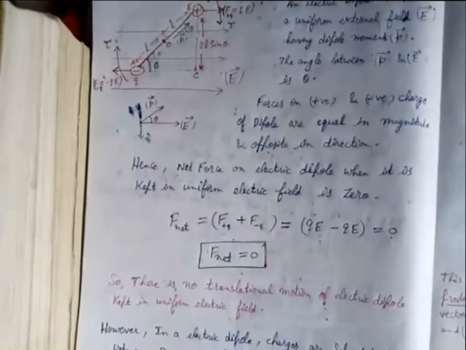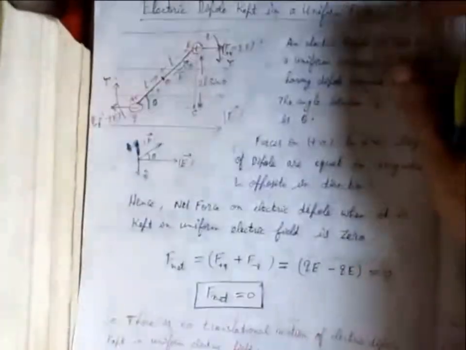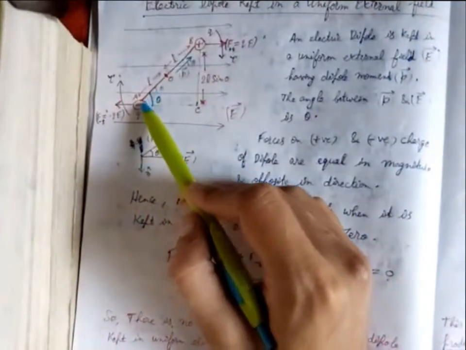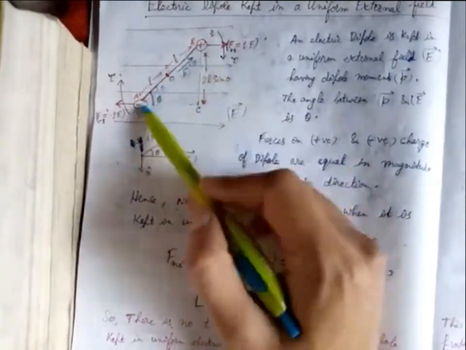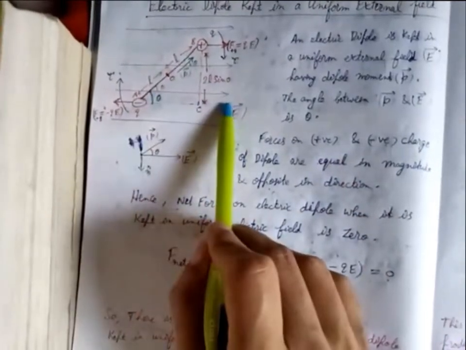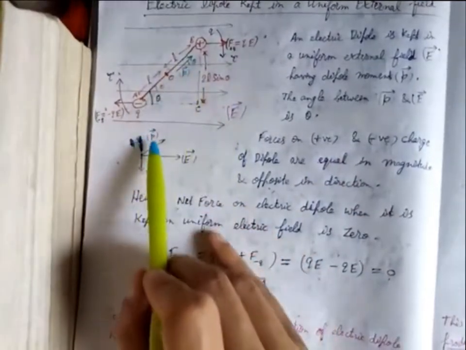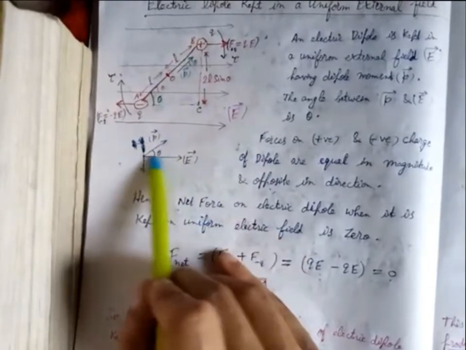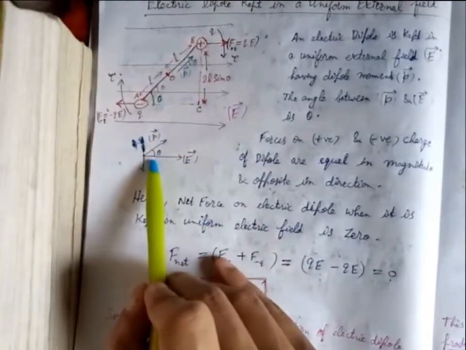We know that the dipole moment vector is along AB and the electric field vector is in the horizontal direction, and the angle between the dipole moment vector and the electric field vector is theta.